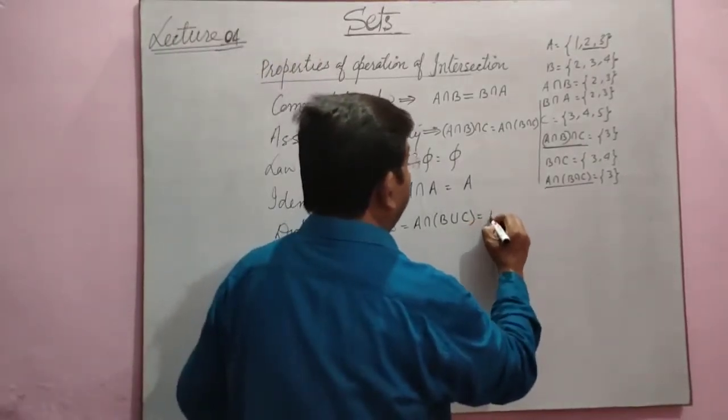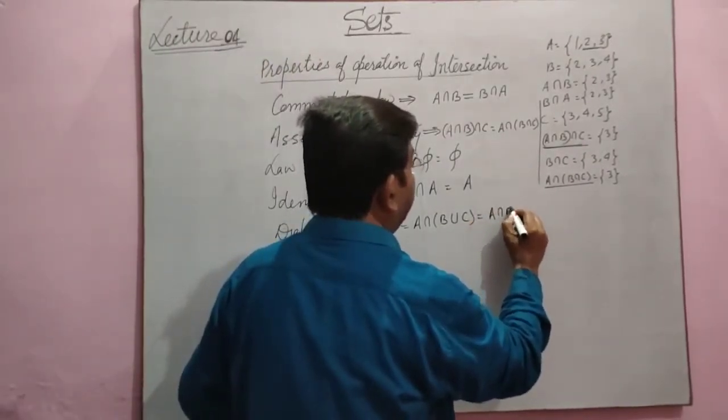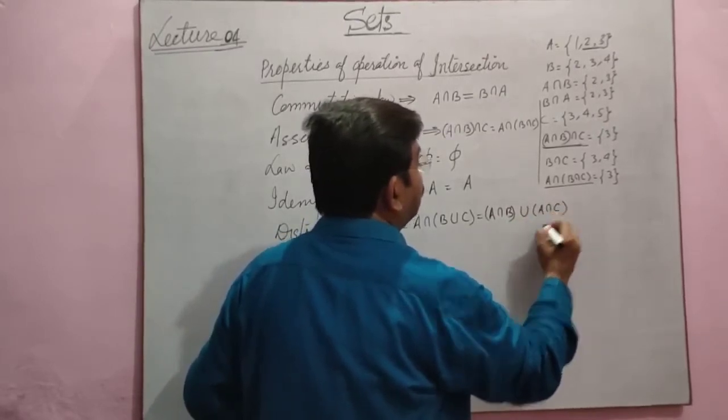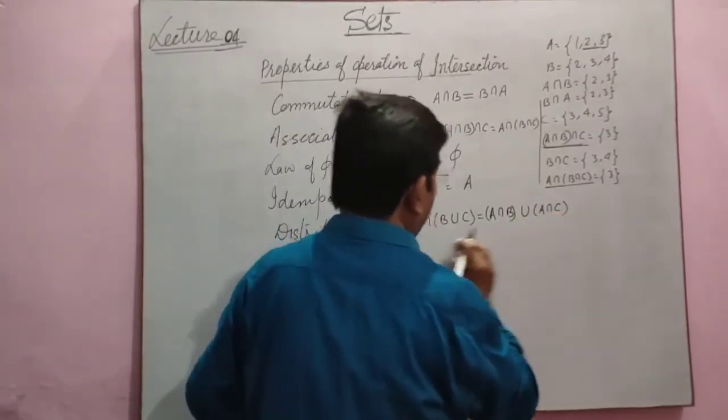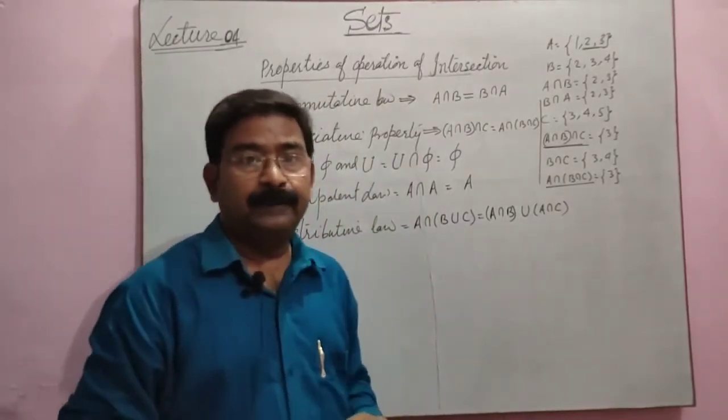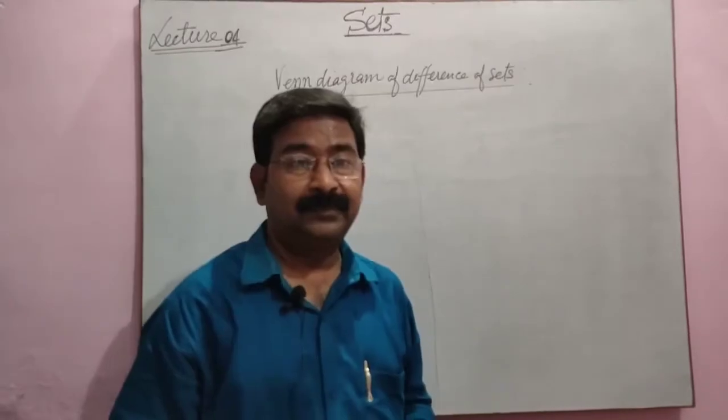This is (A intersection B) union (A intersection C). This one is called the distributive law of intersection. Got it? Just memorize it.